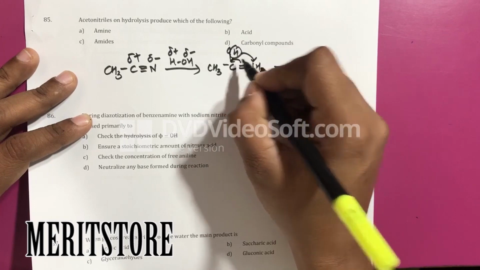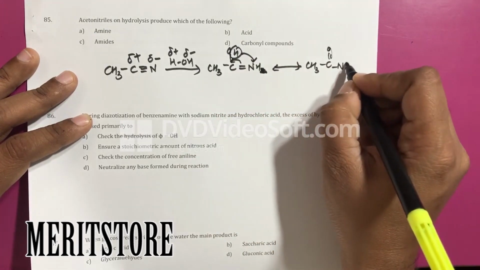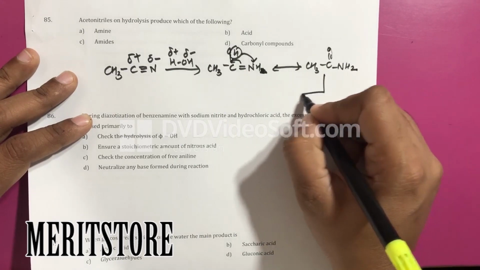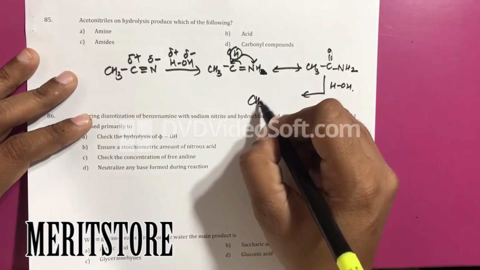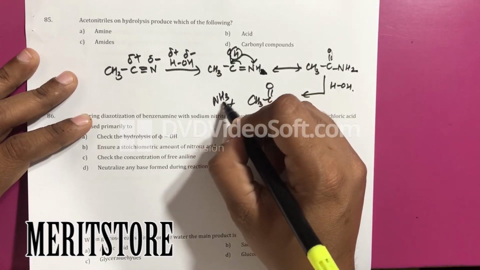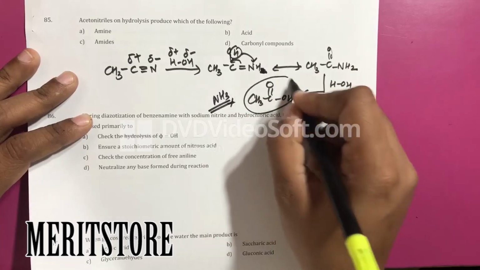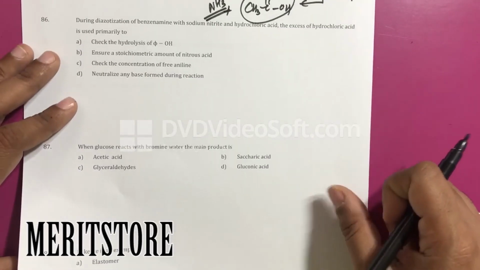H will be transferred, tautomerism, to get CH3C double bond O NH2. This is the first amide formation, but the further hydrolysis will give us the formation of acid plus ammonia. Hence the hydrolysis gives us the formation of acid.